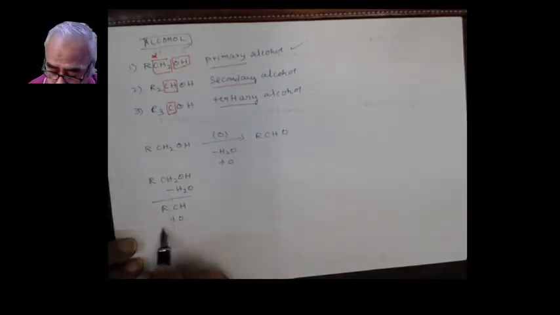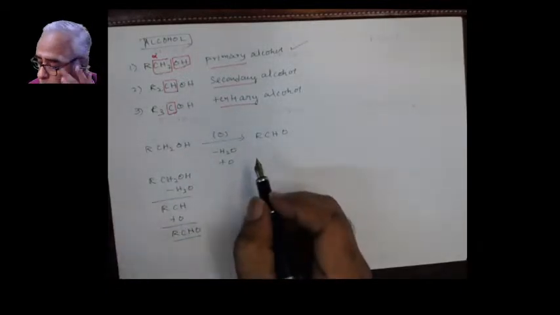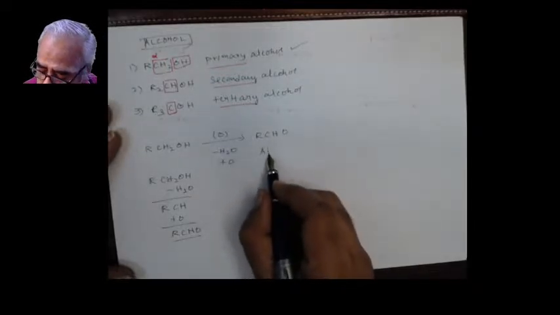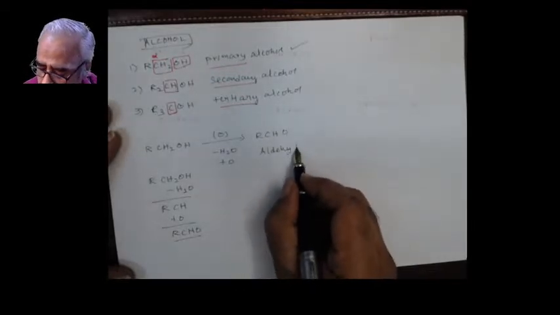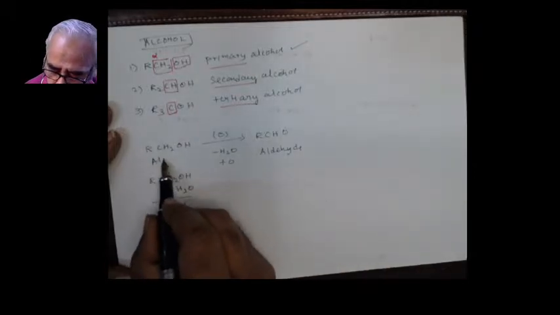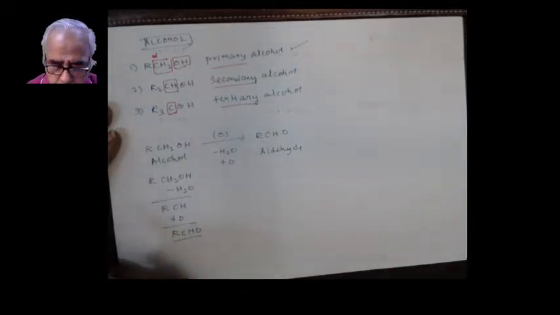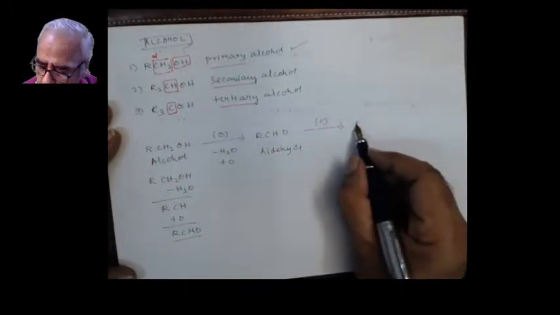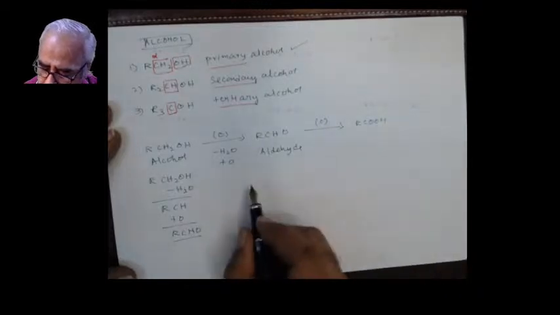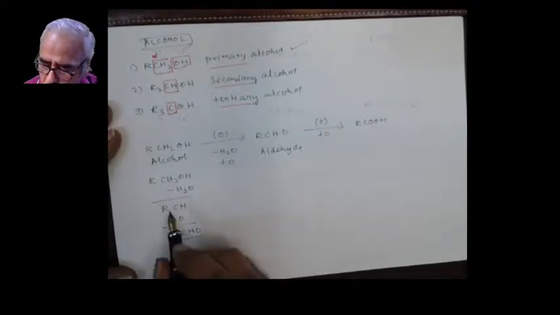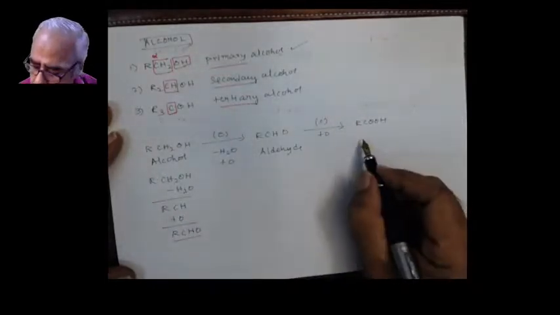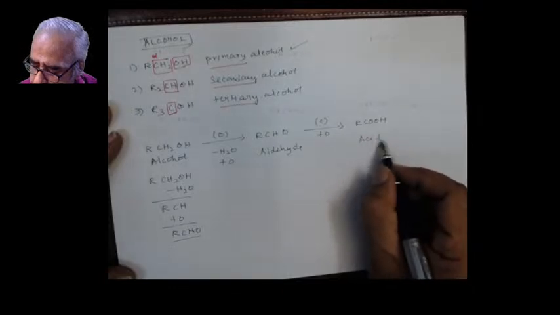And add oxygen, so you get RCHO. On dehydrogenation the alcohol becomes aldehyde. And this can further undergo oxidation to give RCOOH. That is, further you can add one O, so it becomes RCOOH. That is called carboxylic acid.